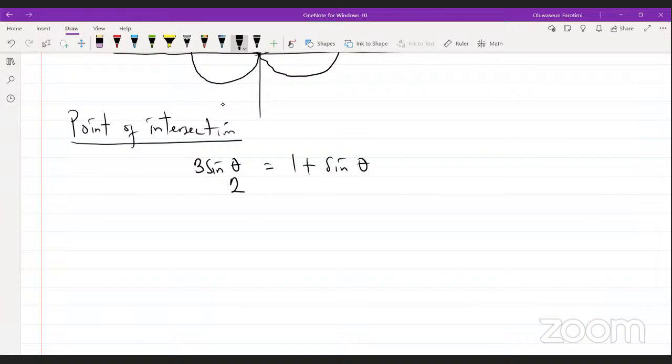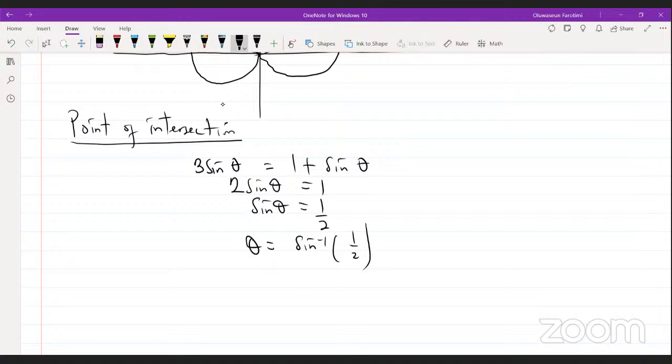This is 2 sine of theta equals 1. What's sine of theta? This is 1/2, and that means theta is the inverse sine of 1/2. Now this is where you need your unit circle. Sine inverse of 1/2 is pi over 6, but is that all? Not quite. There's also 5 pi over 6.